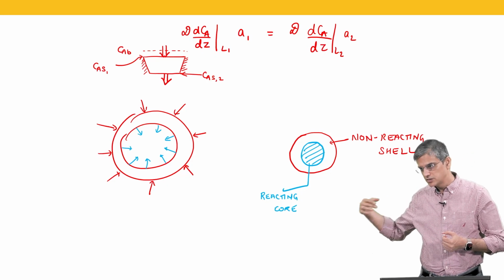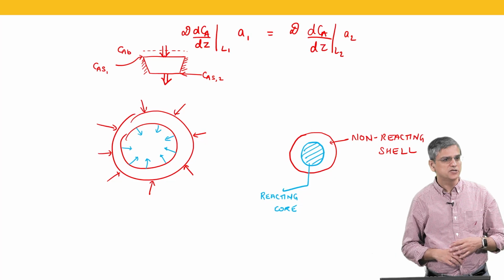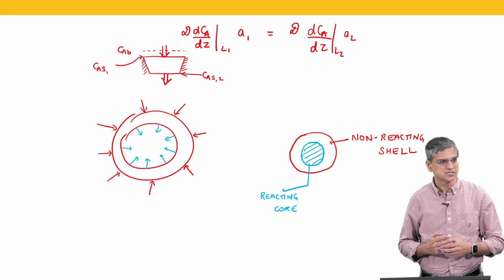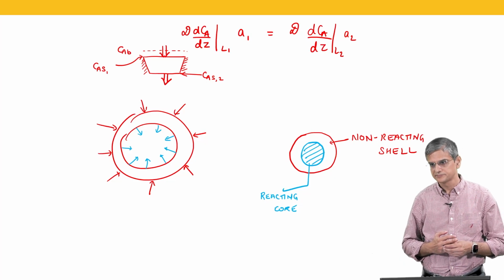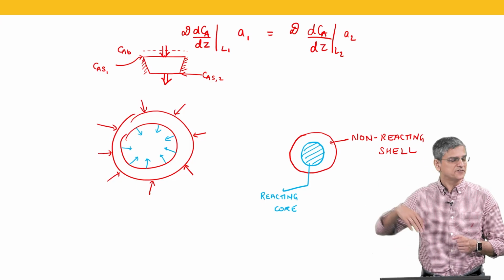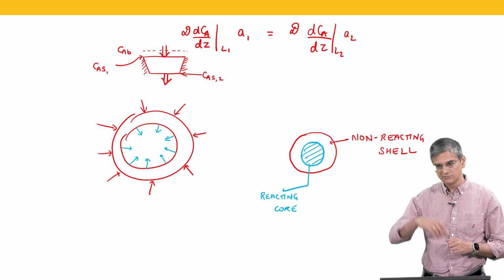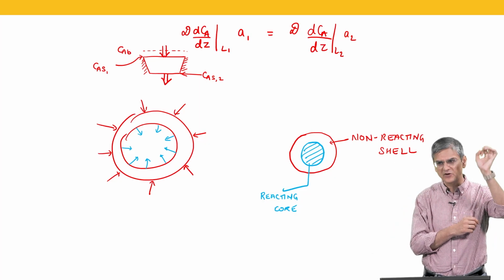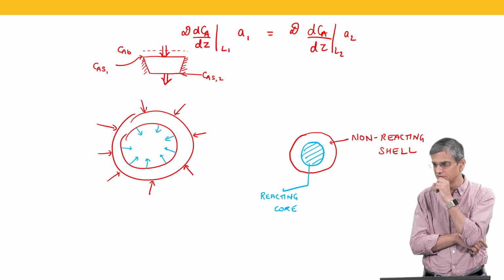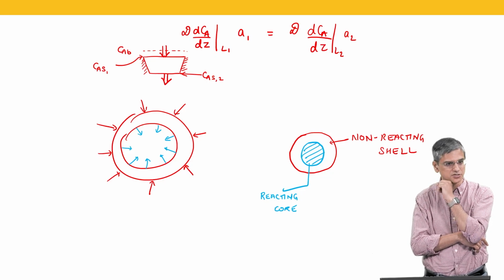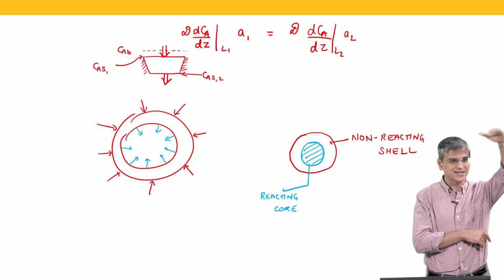Case number 3, what will happen if diffusion is extremely fast? What happens to the gas phase concentration if the diffusion is very high? Remember the 5 mm or 1 mm pellet. How was the concentration? Flat.